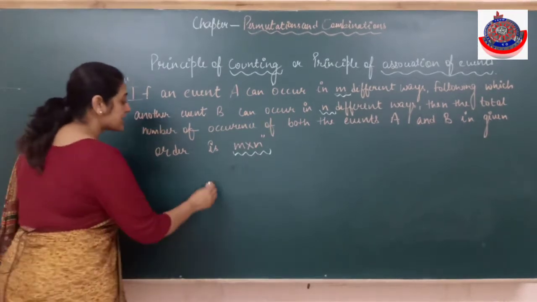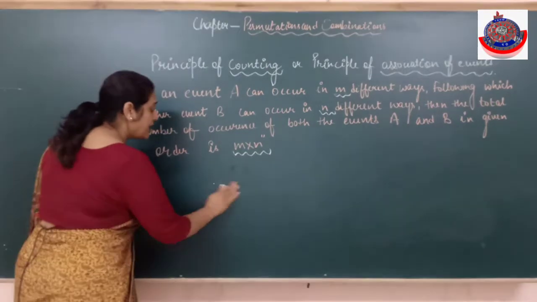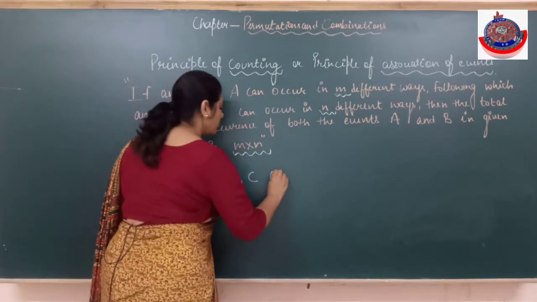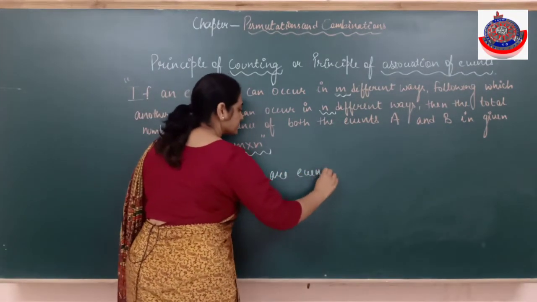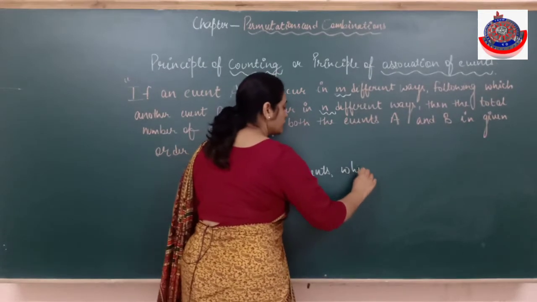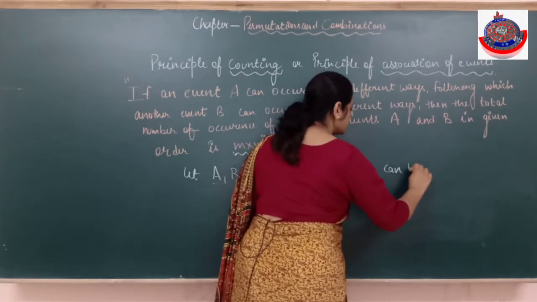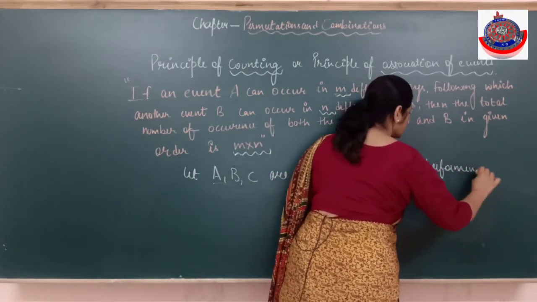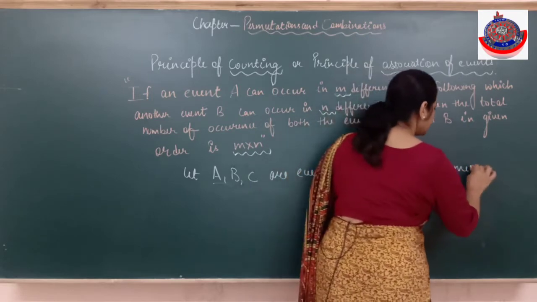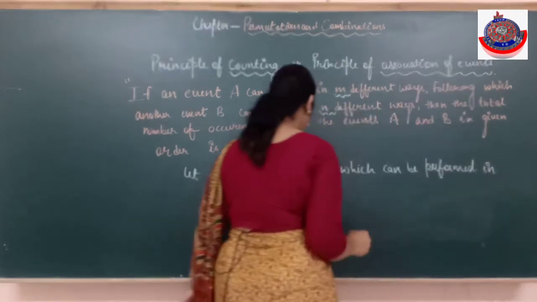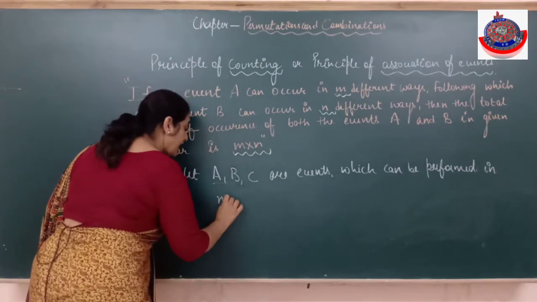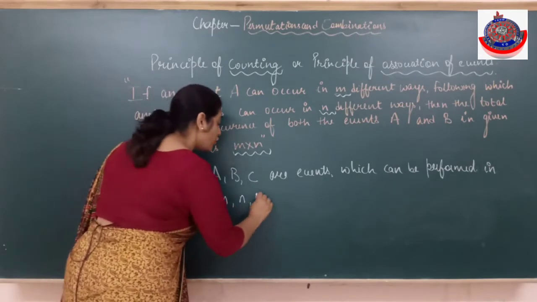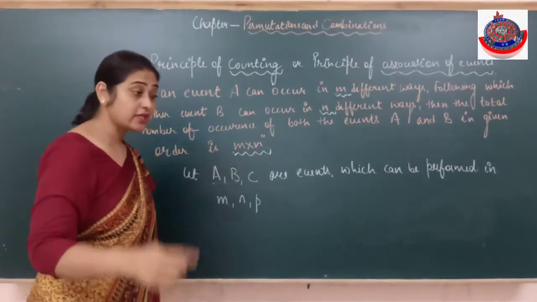Like, let A, B, C be the events. A can be performed in m different ways, followed by B in n different ways, followed by C. These events happen one after another, not all together at once.